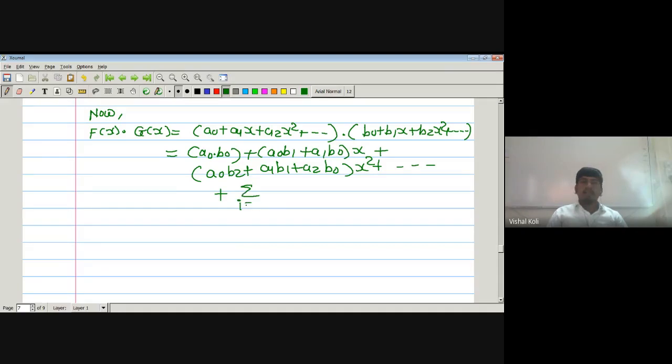We get summation i running from 0 to k a_i b_(k minus i) as the coefficient of x raised to k, plus up to so on.